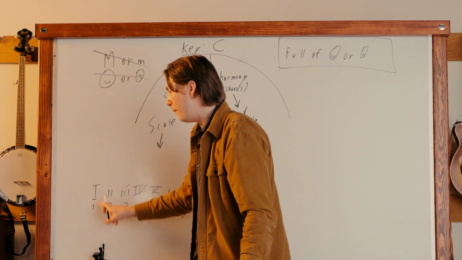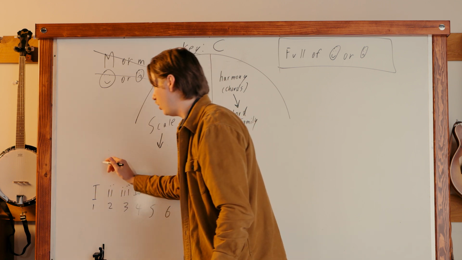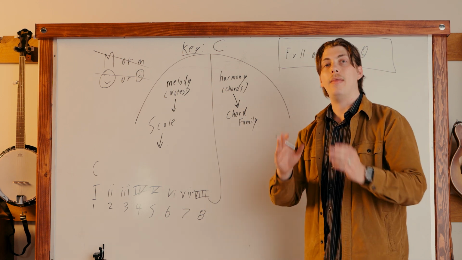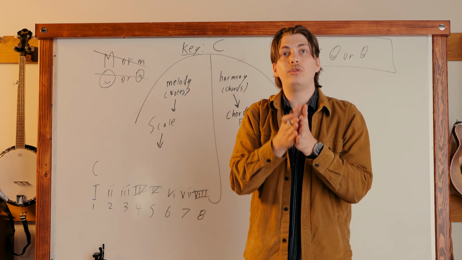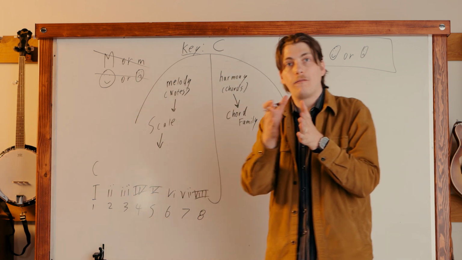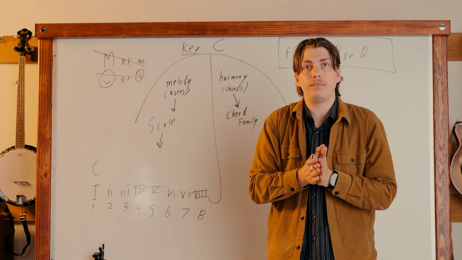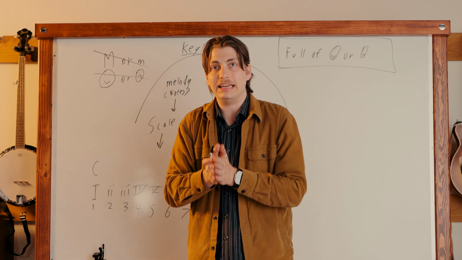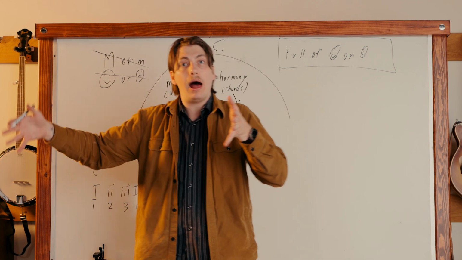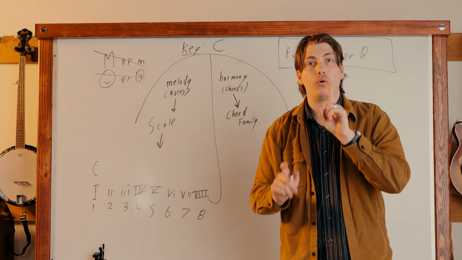So here's what we do. Watch this. On number 1, we write a C. Okay? And then we're going to follow the alphabet from there. We go from C, and the next letter is going to be D. And then we're going to go E, and we're going to move up with those notes, except for one thing.